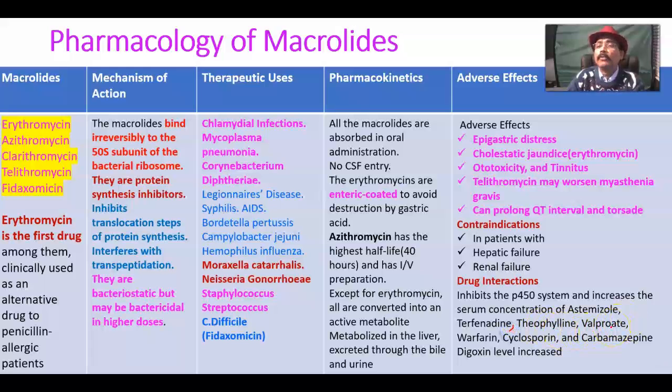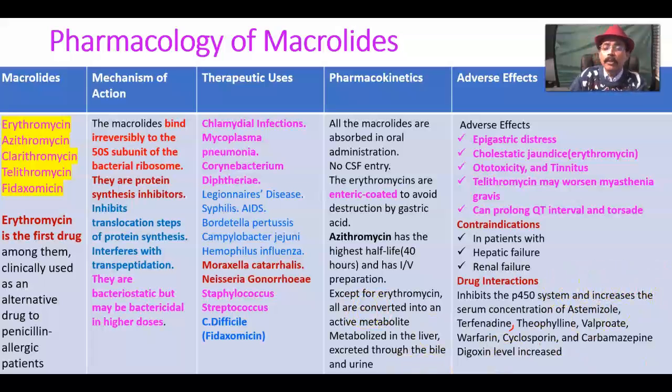Valproate is an anti-epileptic drug. Warfarin is an anticoagulant. Cyclosporine is an immunosuppressant. Carbamazepine is also an anti-epileptic drug, also used in management of pain. Digoxin too. These are all affected due to inhibition of the hepatic P450 system.